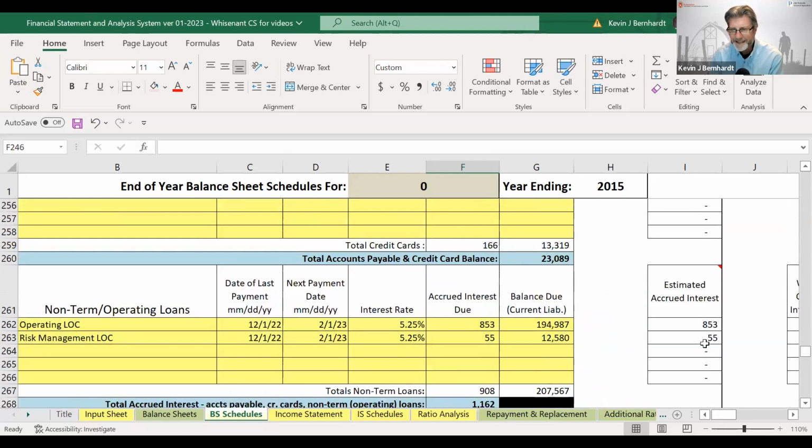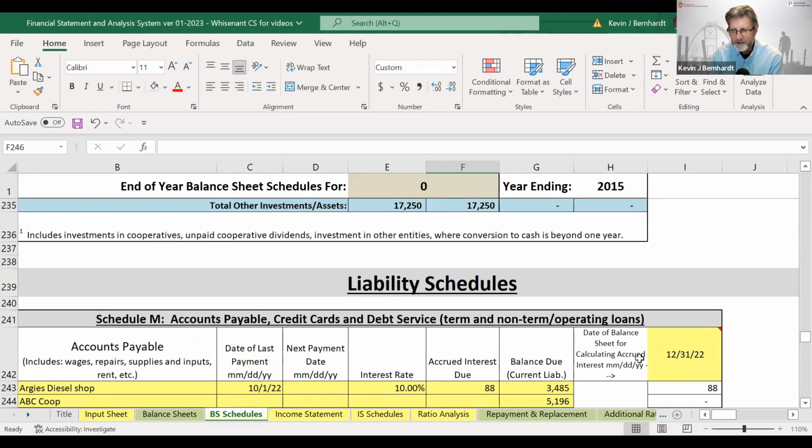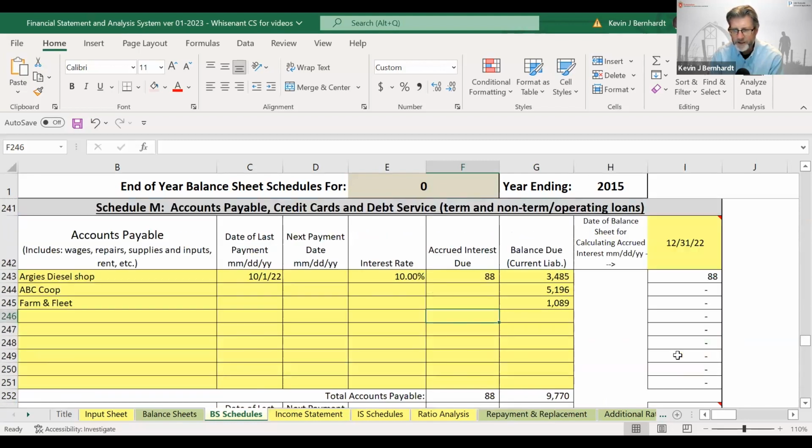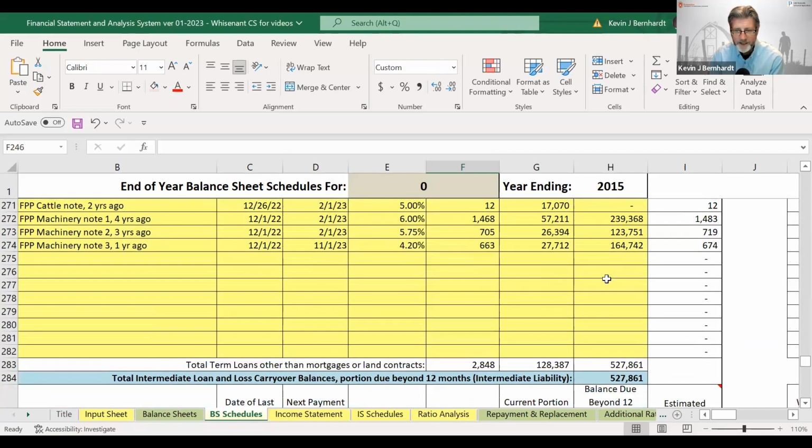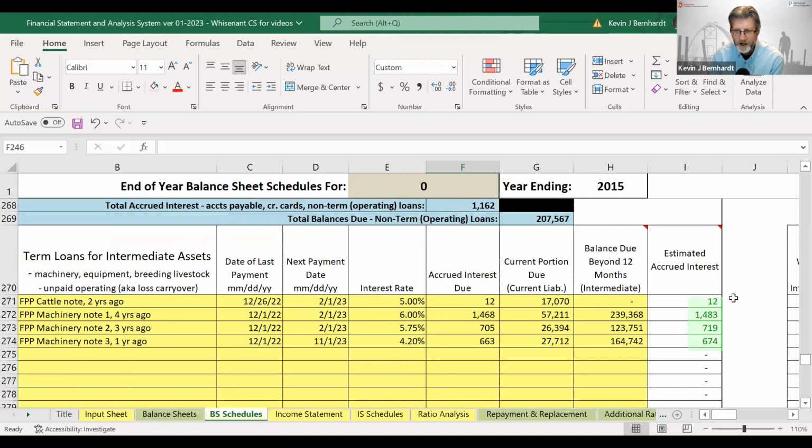And based on today's date being, again, December 31st of 2022, then these are the accrued interest amounts on each one of those. And we've transferred that over to the appropriate cells.